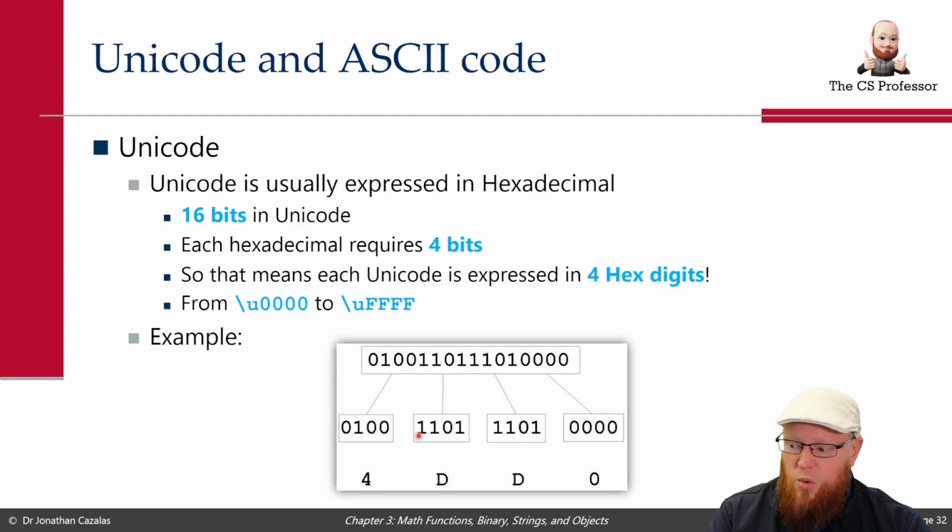And then each one of those 4-bit groups can get converted into its hexadecimal equivalent. So this is 1, 1, 0, 1, which is 8 plus 4 plus 1 is 13, which is D. Again, we get 1, 1, 0, 1 is 13, which is D. And then, of course, this is just 0.